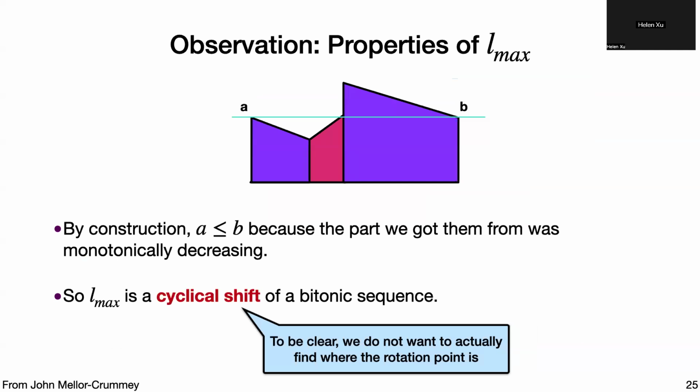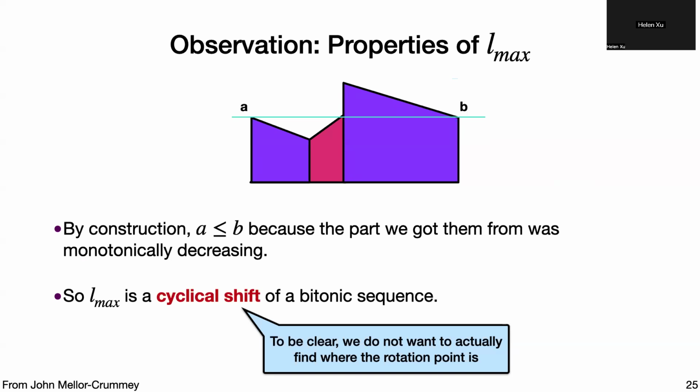So we're going to make an observation about the properties of this Lmax. And we can notice that by construction, we're just going to call these endpoints, the starting point is A and the ending point is B. And by the way we constructed it, A is at most B because we got them from the blue part, and the blue part is monotonically decreasing.